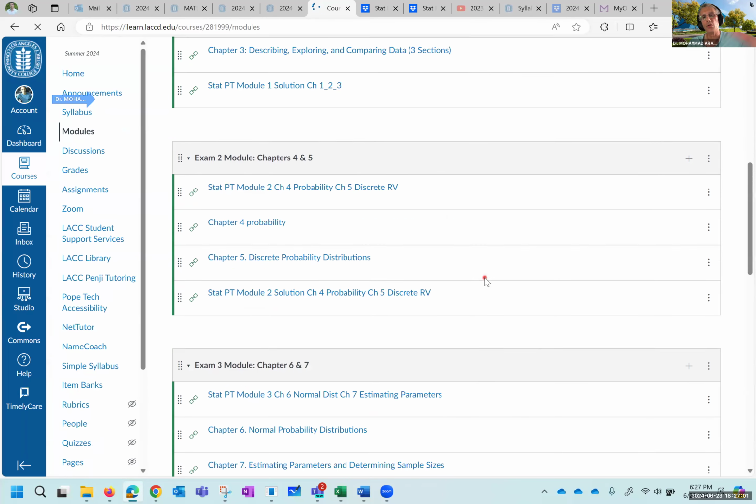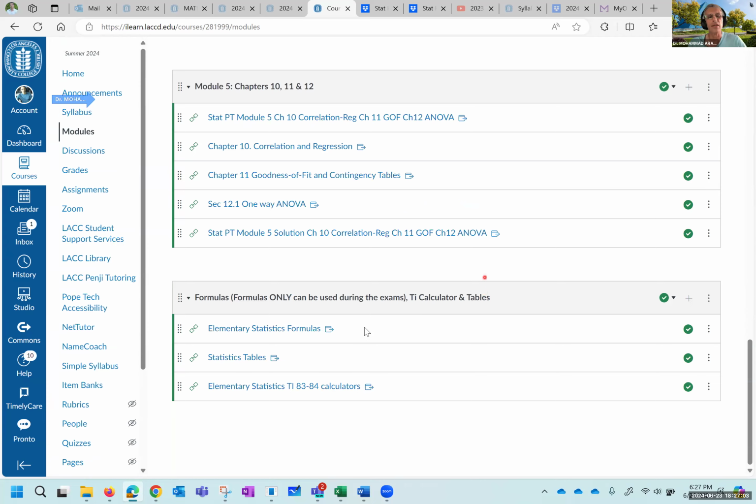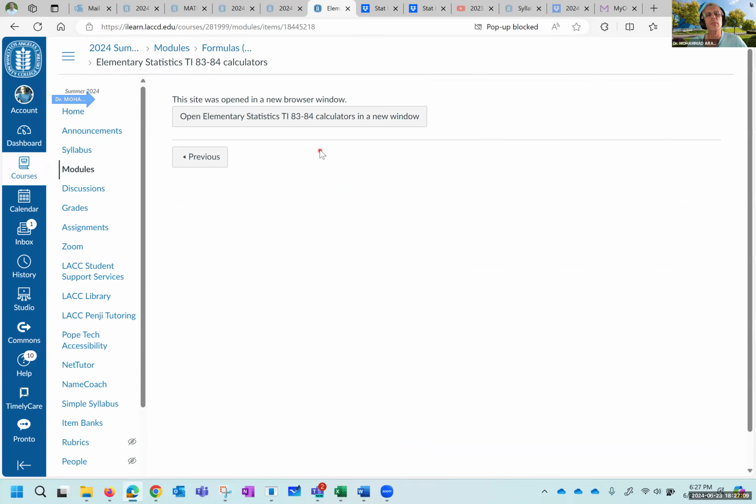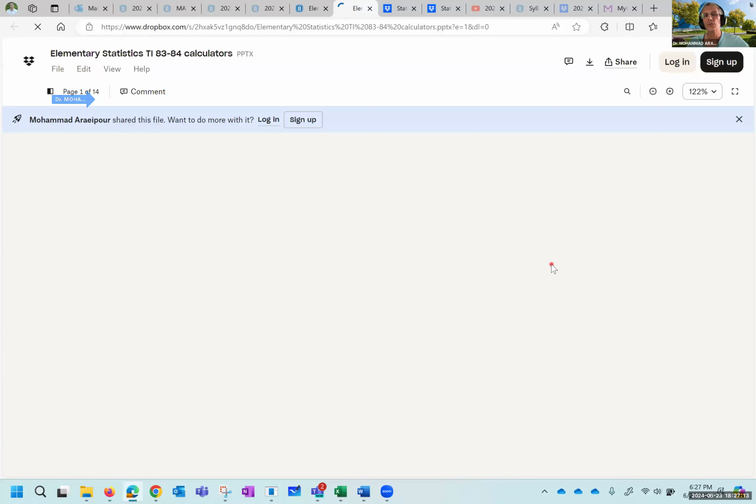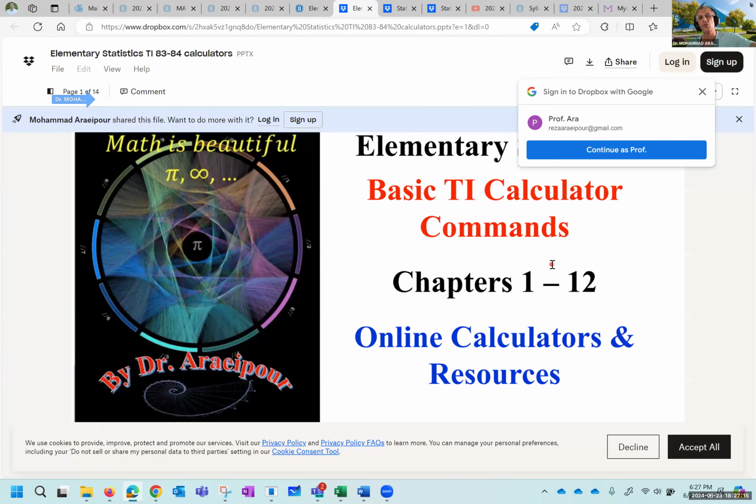So the last module of Canvas has formulas, tables, and now what is this one? Information about TI calculator. I have two things here. First and foremost, you can find basic TI calculator commands.